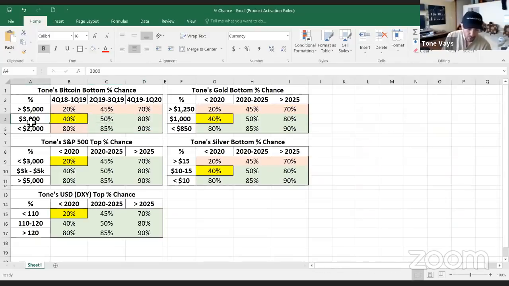If we would have hit 3,000 for the first time, or close to 3,000 for the first time in this time period, then I'm 50-50 on whether the bottom is in or not. And I know it sucks to be 50-50, but that's what it is, right? It's the middle price target and it's the middle time target.